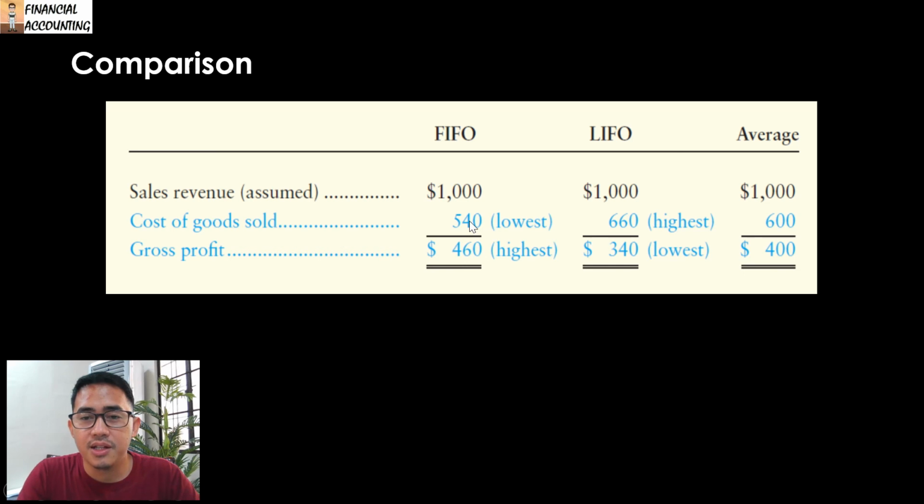And if we are using LIFO, we'll have our gross profit at its lowest and cost of goods sold at its highest. The effect would be reversed if the prices of the goods that we are selling are decreasing. The effect would be in reverse.